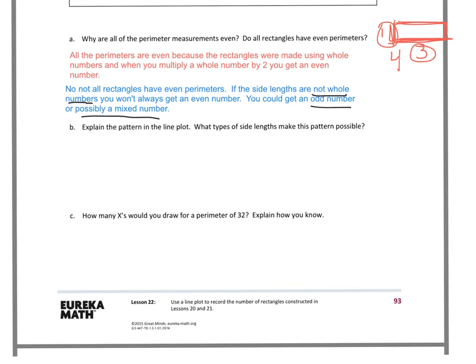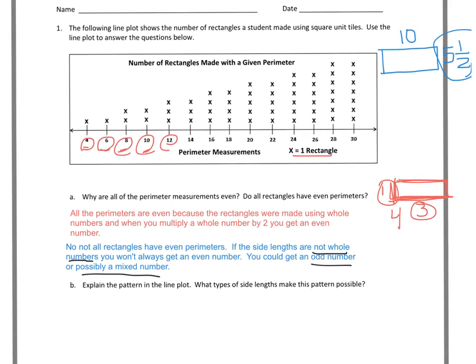How many x's would you draw for a perimeter of 32? Explain how you know. Well, this goes directly into B a little bit. We're looking for a pattern here of the x's. And I see for every 2 perimeter measurements, and I'll do this in blue, so every 2 we're going up 1x.